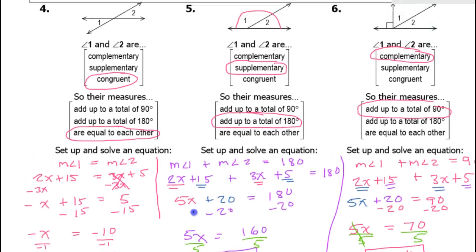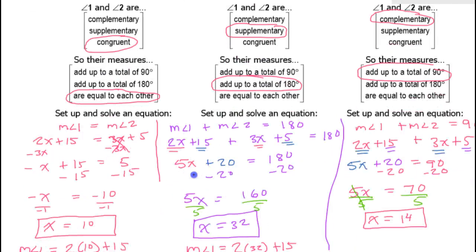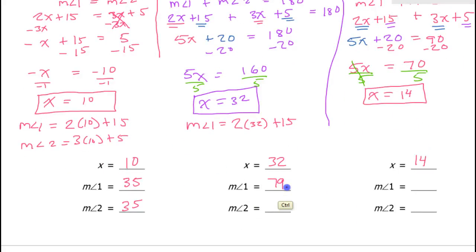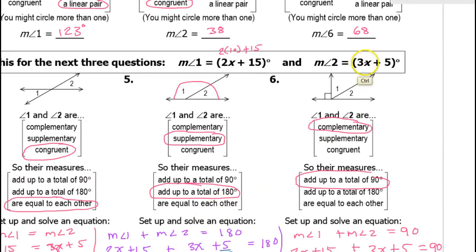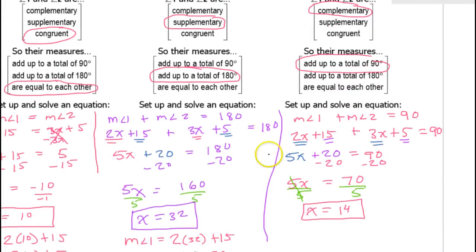Now, these are supposed to be supplementary. So once I know that one angle is 79, I can find the measure of angle 2 by doing 180 minus 79. That should be 101 degrees. Or I could have used 3x plus 5, and it should give me the same answer.